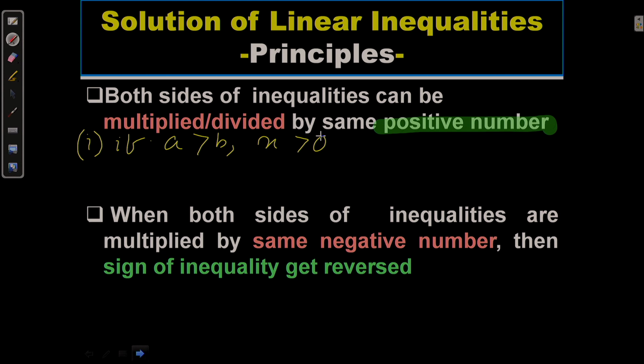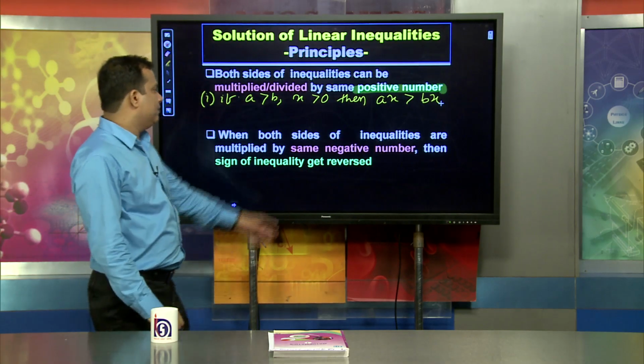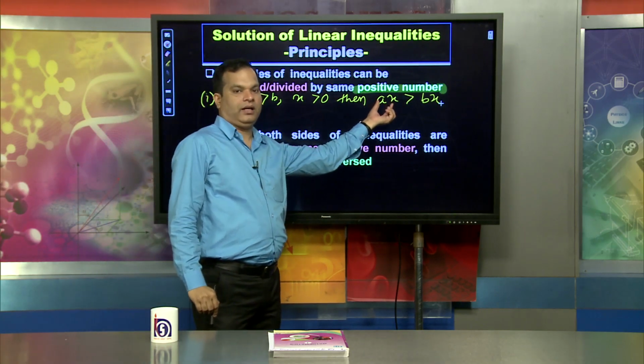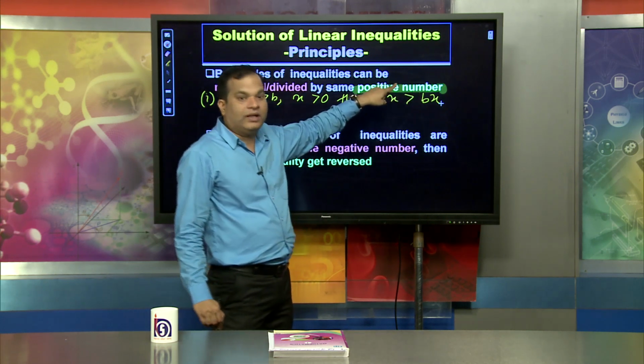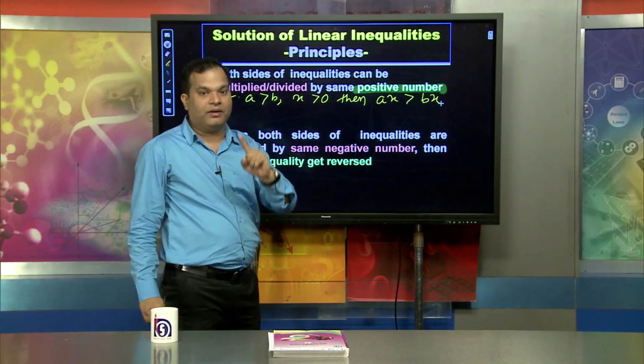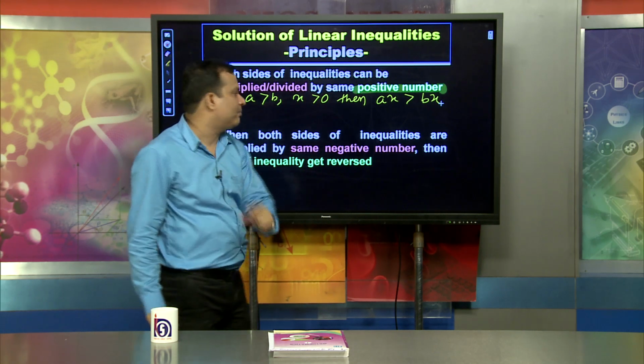If x less than 0, it is a negative quantity. So what will happen? Then Ax is also greater than Bx. That means when we multiply, the inequality will not change if the constant quantity is a positive number. Remember, that is very important.